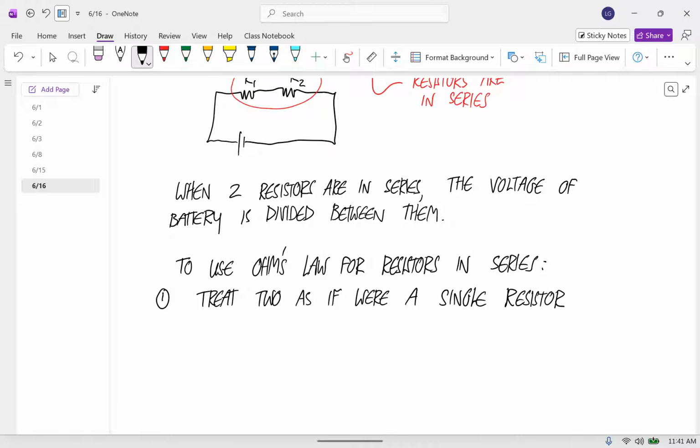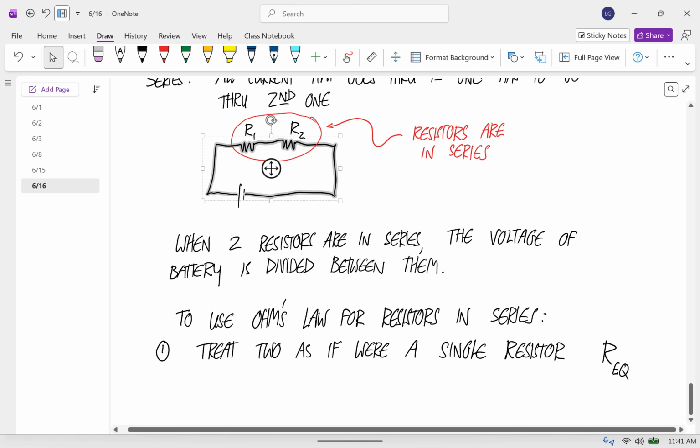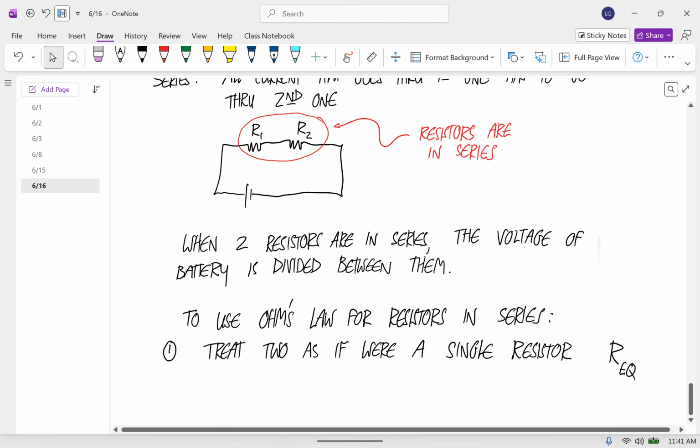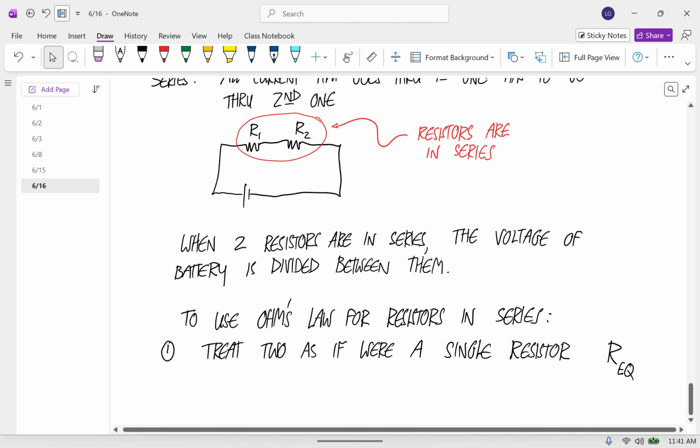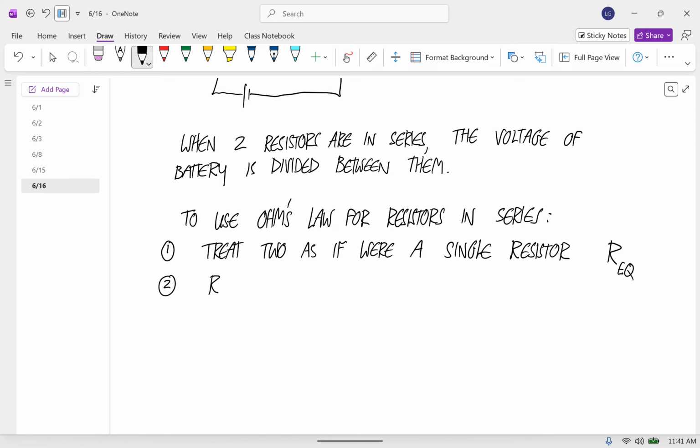I'm going to call the resistance of that one R equivalent. Everything in the red line up here, we're going to treat as if it was a single resistor with a resistance R equivalent. Then the resistance R equivalent is just equal to the sum of those two.